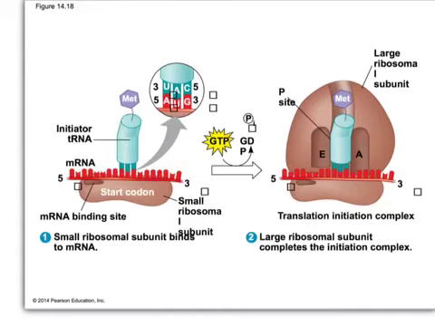That brings in the right methionine, large subunit binds, and now you have initiated translation. There are other protein factors that help this to occur that you don't need to know about until you reach advanced molecular biology courses. Questions on initiating translation?